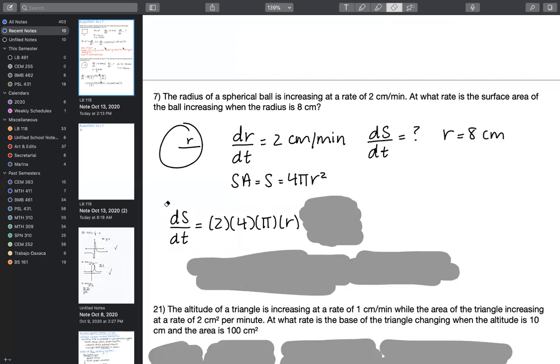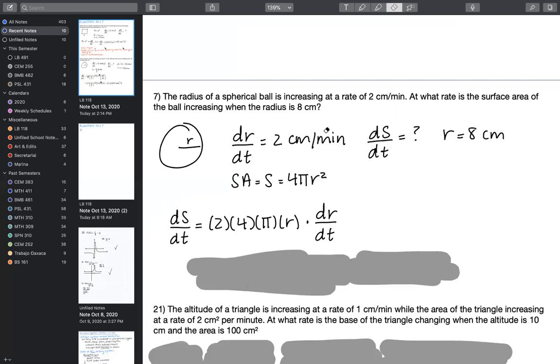And so then we go about our implicit differentiation. Again, we're going to use the power rule. So this 2 is going to drop down: 2 times 4 times pi times r to the first, because we've reduced the power to 1. And then again, multiplied by the implicit differentiation aspect of this derivative, which is dr/dt, because we're told that the radius is changing.